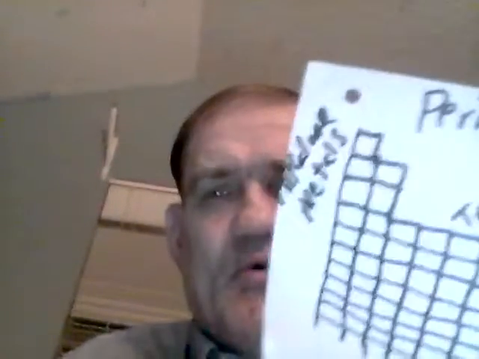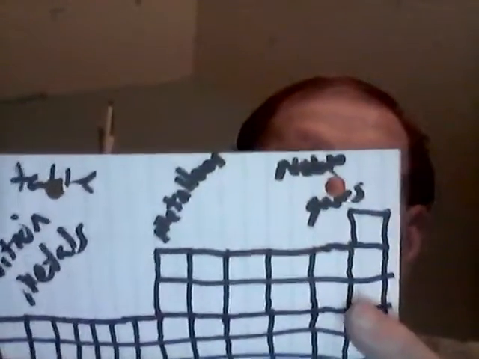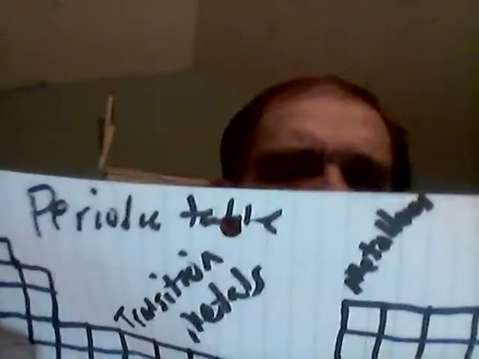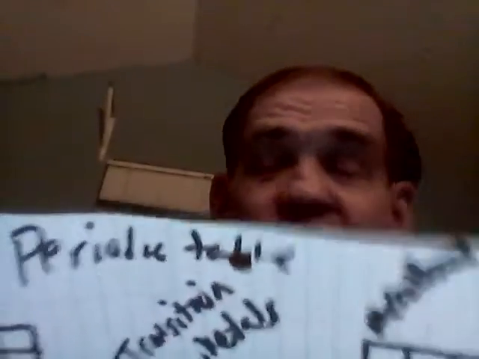Okay, so now let me give you another thing about the periodic table. It's important. Each box is a representation of an element. Now, in this case, this is going to be hydrogen, number one. Helium's number two. Hydrogen's number one right here.